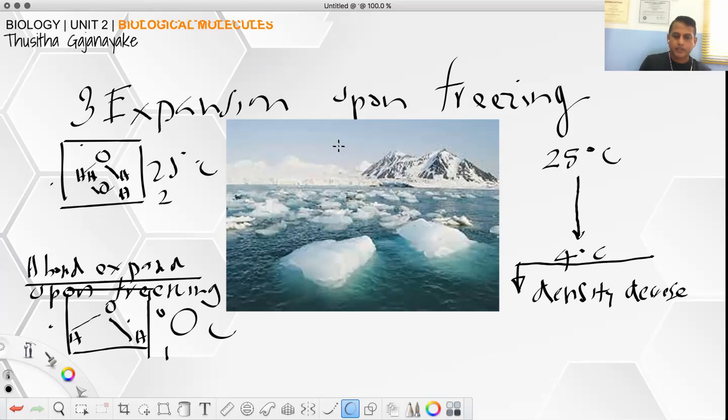Okay, hope you copied this one. The fourth property is the solvent property. I think I explained the solvent property from the beginning. Water has a slightly negative charge and a slightly positive charge. As a result, it can make a bond with the molecules. It is an excellent solvent.